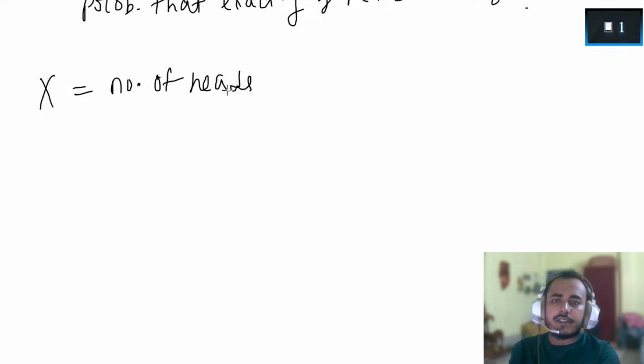Actually, that works better because otherwise it would be a Bernoulli distribution. So x is basically the number of heads.